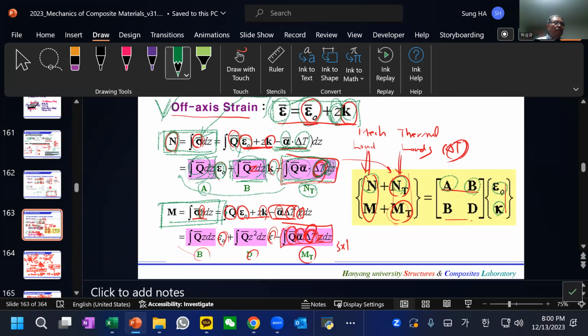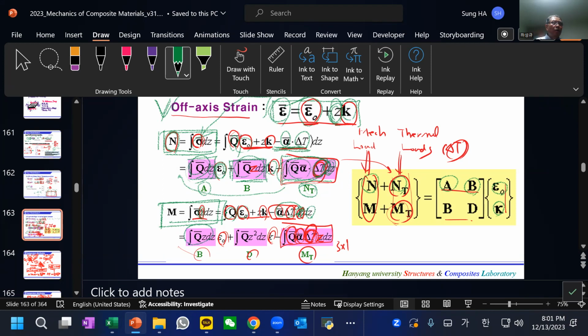So here, a Z term. But here, epsilon 0, k, and now you have alpha bar and delta T. So this first term, Q and Z and dz, is this guy.